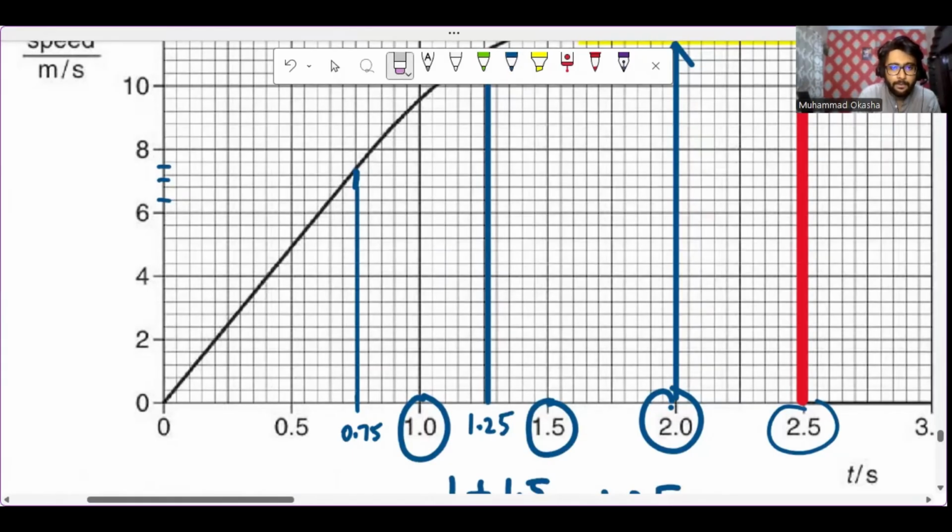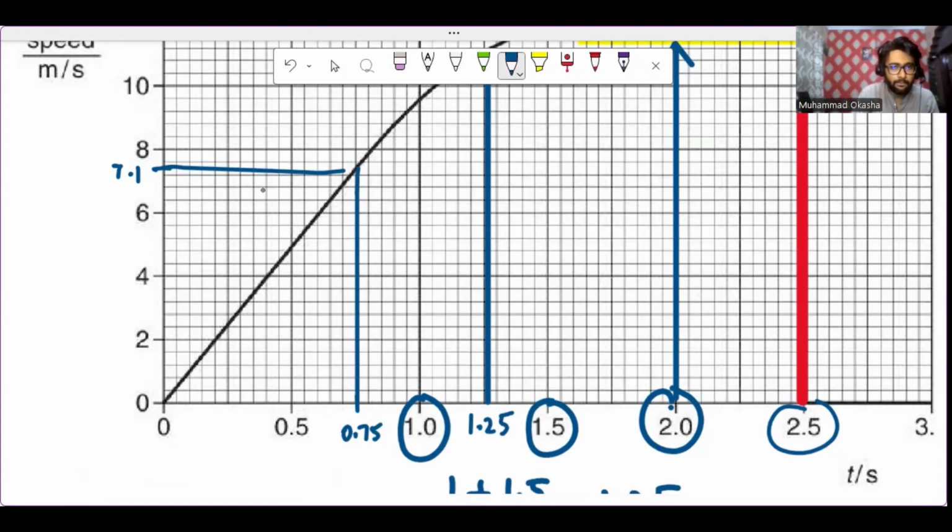Now I need to read the height from the graph. At 2.5 it should be 7, and I believe it's hitting at about 7.1. You can take any value that's close.